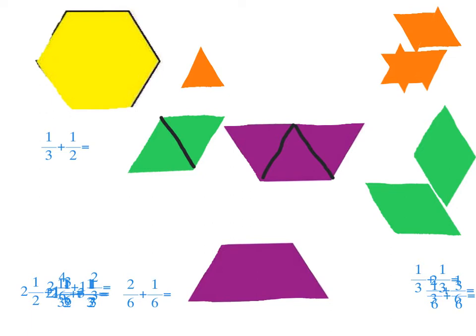So when I add those together, I would have 5 triangles, or 5/6, because we changed it to triangles, so my denominator would be 6, since it takes 6 triangles to make a whole hexagon.